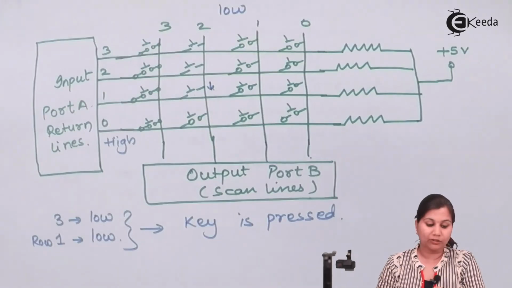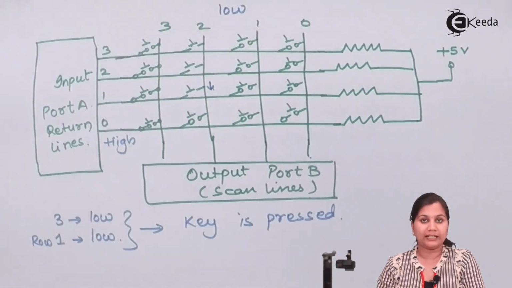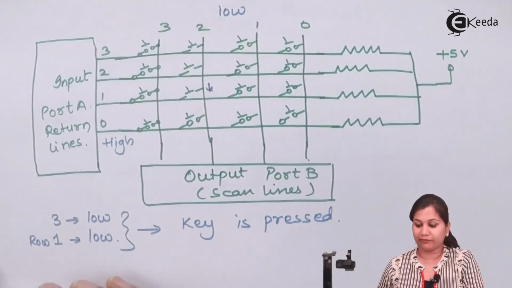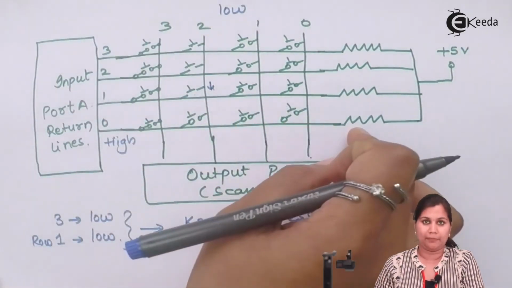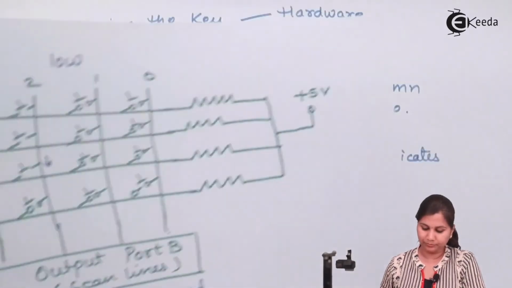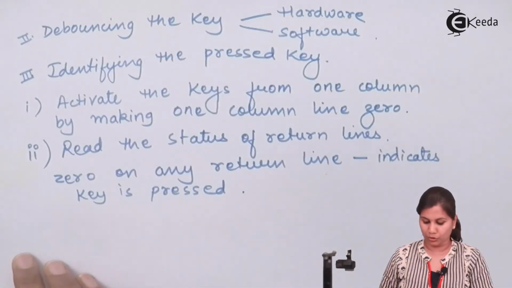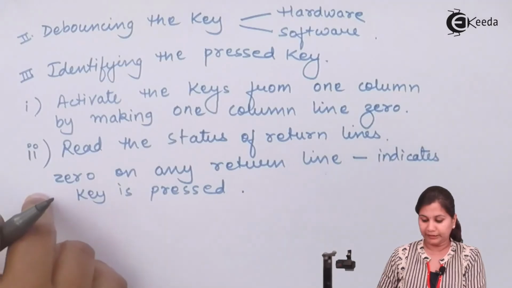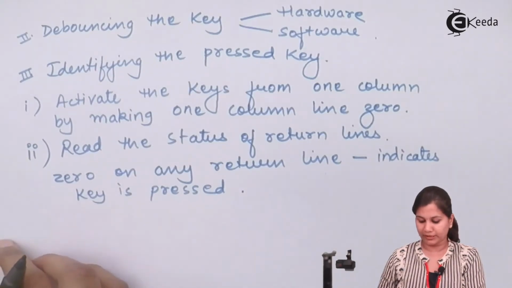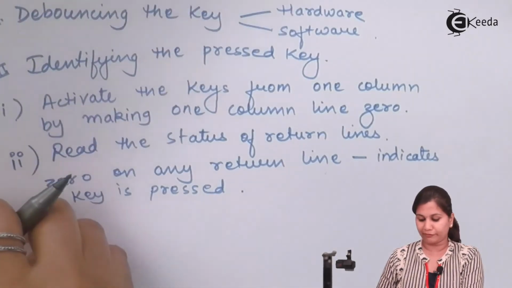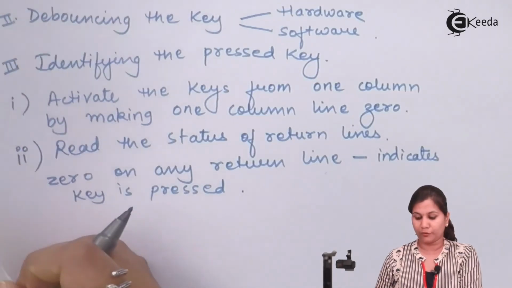In the first step we were just identifying whether a key is pressed or not. In this third step we are identifying which key is being pressed. So this is how the interfacing of a matrix keyboard is done with the 8051 microcontroller.